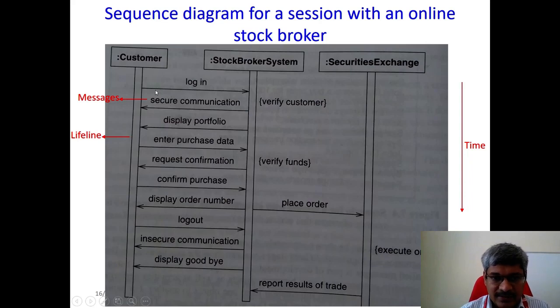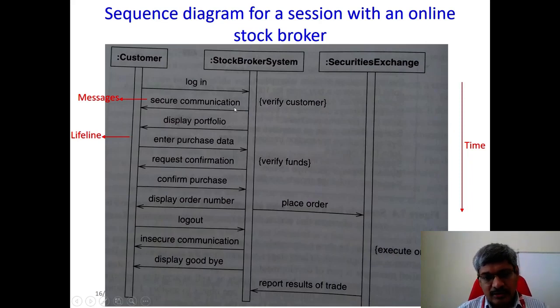The customer will send login information to the stockbroker system, all the information like the user ID, password, etc. Then the stockbroker system verifies the customer and establishes secure communication. These messages are exchanged in this particular order: as time flows, the messages go down in this order, between these objects, as I have already discussed.